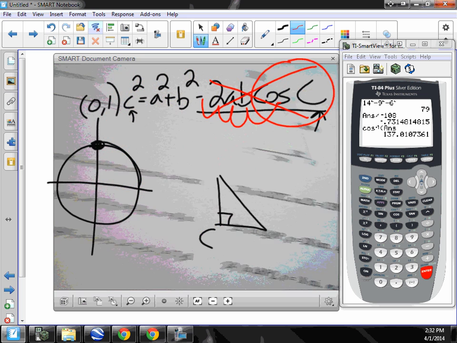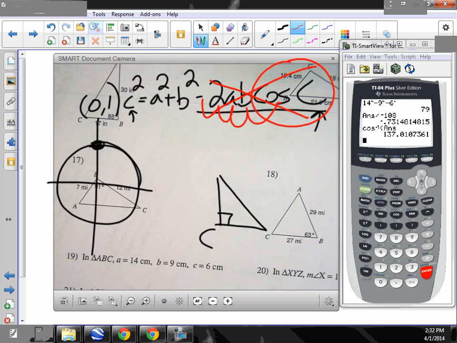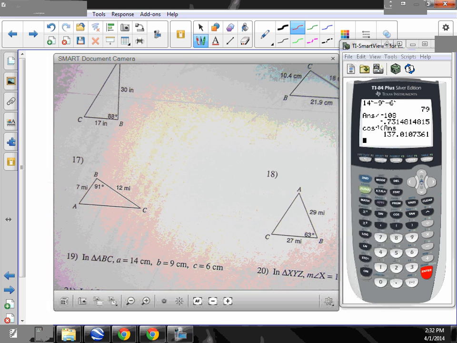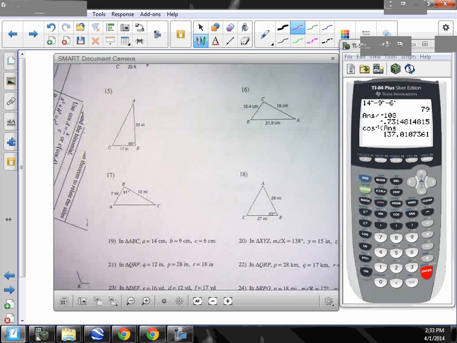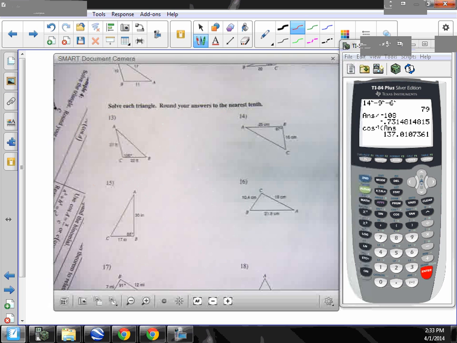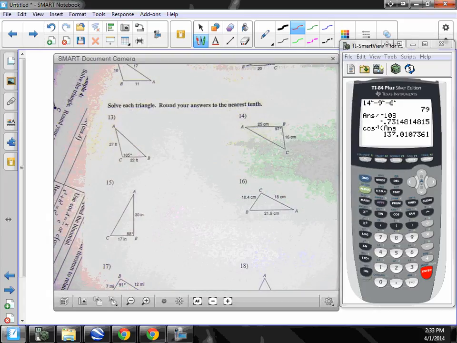If you look at the last page, I don't care what method you use. In fact, I would prefer that you be a little smart about this. So, number 13, are you going to use law of sines or law of cosines? I would use the law of sines.